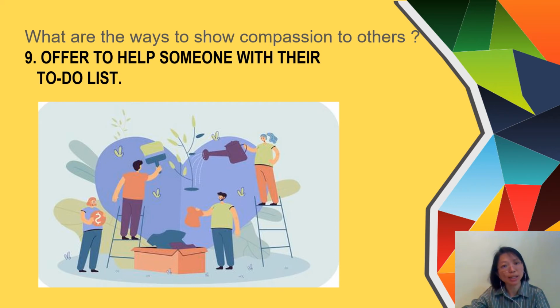So you can actually offer to help them with their to-do list. Can help the person to water the plant, can help the person to paint the wall. You can even help the person to raise some fund to help people in need. So these are some of the ways to help people and to show compassion to others.